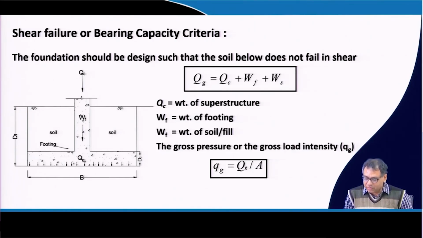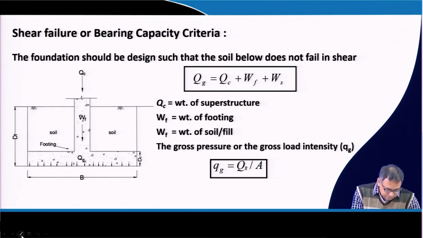So, before I go to the bearing capacity part, there are different terminologies that we should know. One is called the gross load intensity. That means the total load coming from the superstructure, then the load of the foundation, and then the load of the soil or the fill.